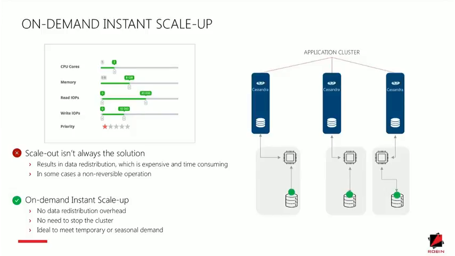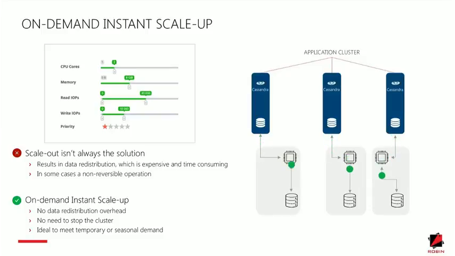So Robin actually allows you to do on-demand scale-up that removes the requirement of data redistribution. You don't need to stop the cluster, and it is the best way to meet temporary or seasonal demand.